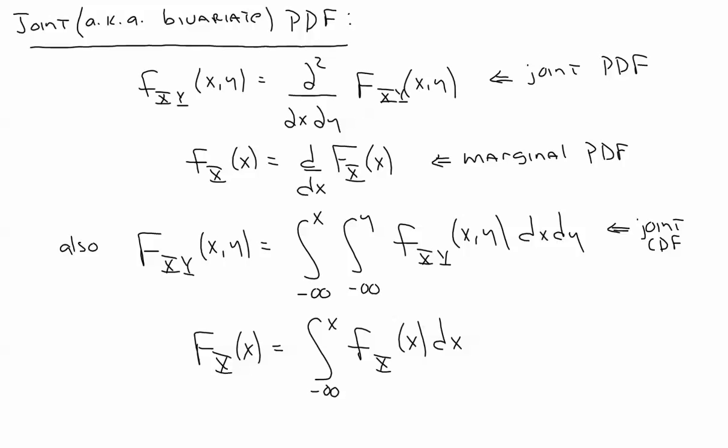That's how we find the joint CDF from the joint PDF, and this is how we find the marginal CDF from the marginal PDF. Pretty much identical relationships for joint PDFs and CDFs. Okay. Let's do a little example.